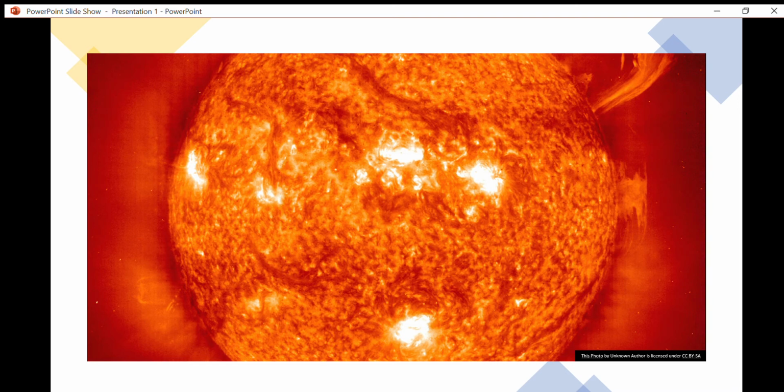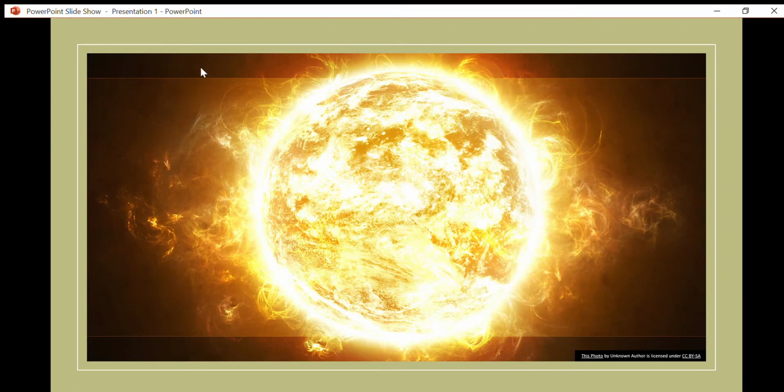A solar flare is just like these, and these. These are all solar flares, and these are spicules. The spicules stay near the surface, while the solar flares fly off.